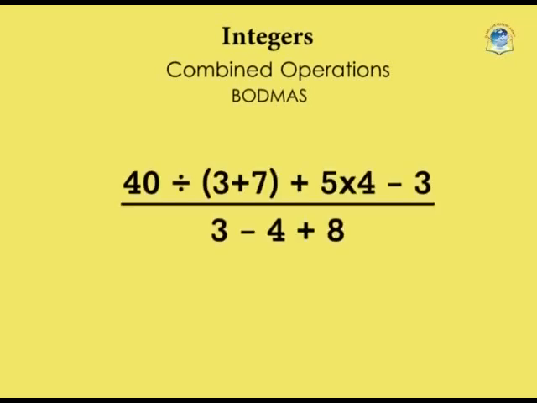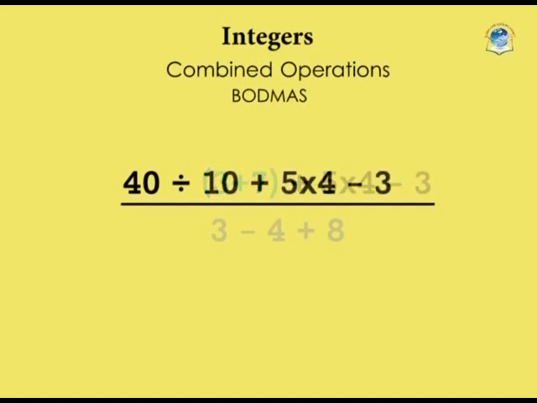40 divided by in bracket 3 plus 7 plus 5 times 4 minus 3, everything over 3 minus 4 plus 8. We start with the numerator. In the numerator, we start with the brackets. 3 plus 7 will give us 10.